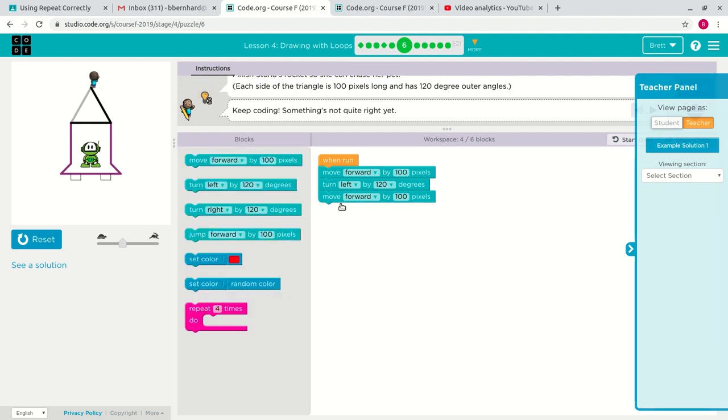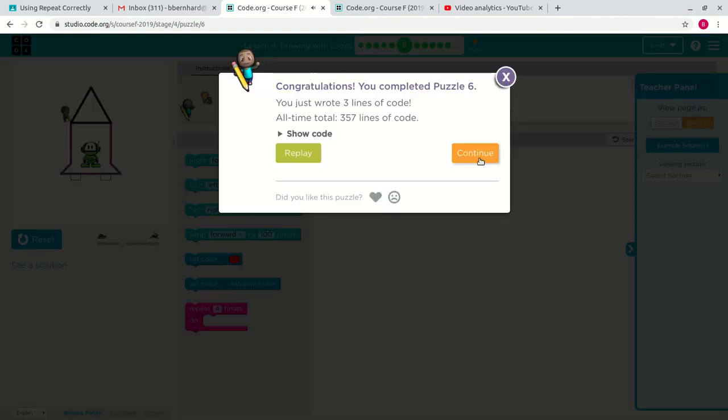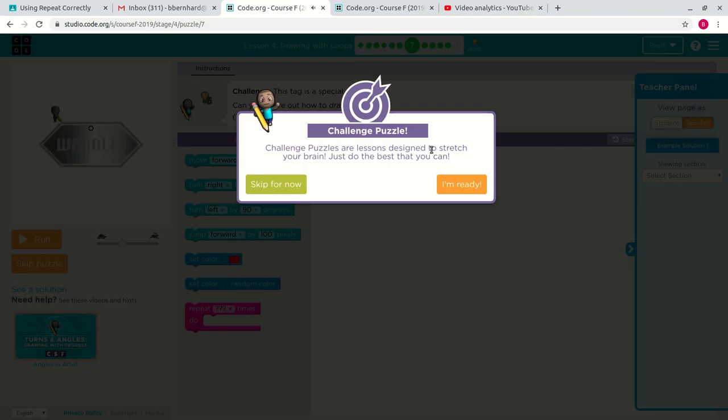What if I got rid of these and I just put in a repeat? But I'm not going to do it 4 times this time. It's a triangle. Yep, that means 3. Oh, and look at that. We're already through it. Moving on.